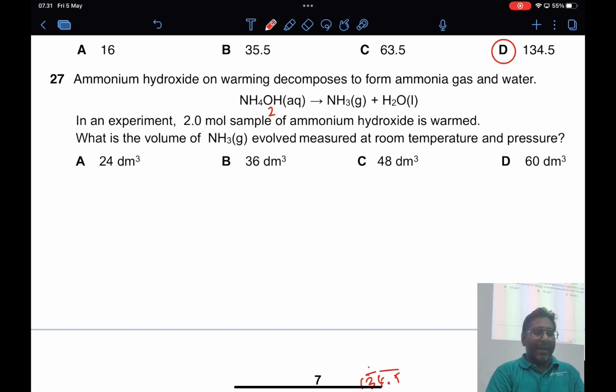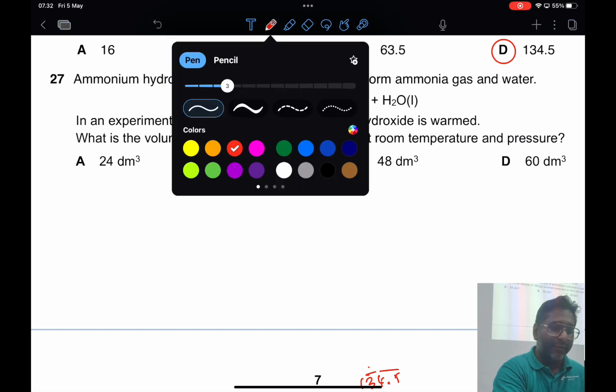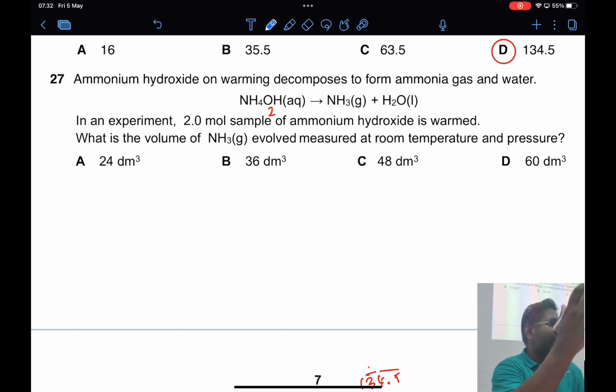They are asking what is the volume of ammonia evolved measured at room temperature and pressure. In order to do this, first you need to find the ratio according to the stoichiometric equation. So every 1 mole will give you 1 mole and 1 mole.